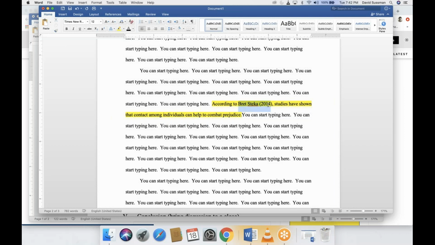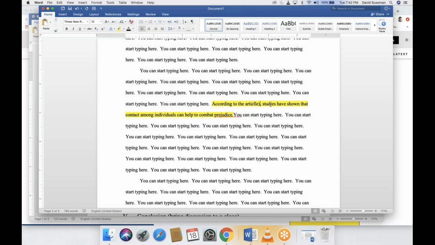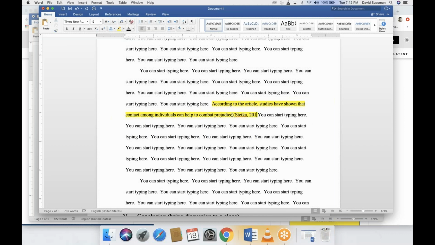Or we could just again, according to the article, studies have shown that blah blah blah, and then at the very end in parentheses Stetka, comma, year, and that's it. Okay, so the difference is when you paraphrase something, you say something in your own words, but it's ideas that come from the article.